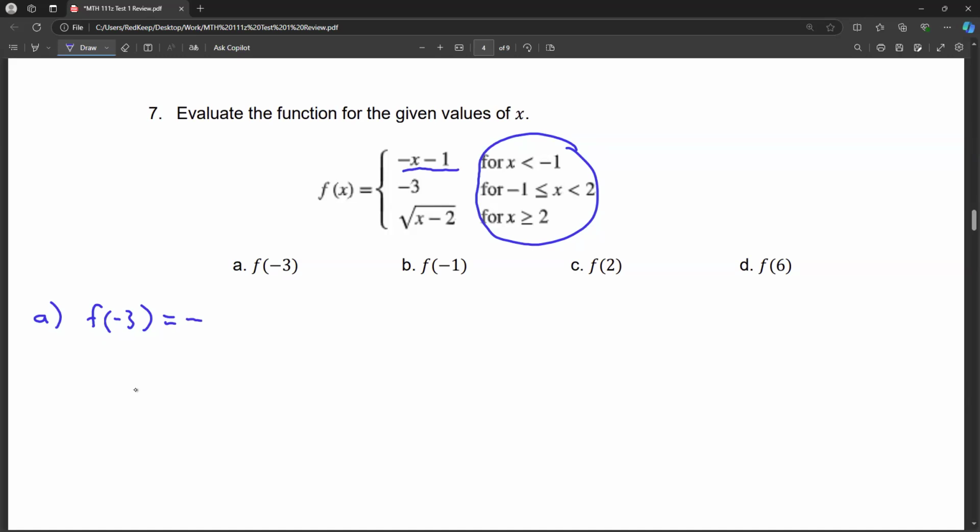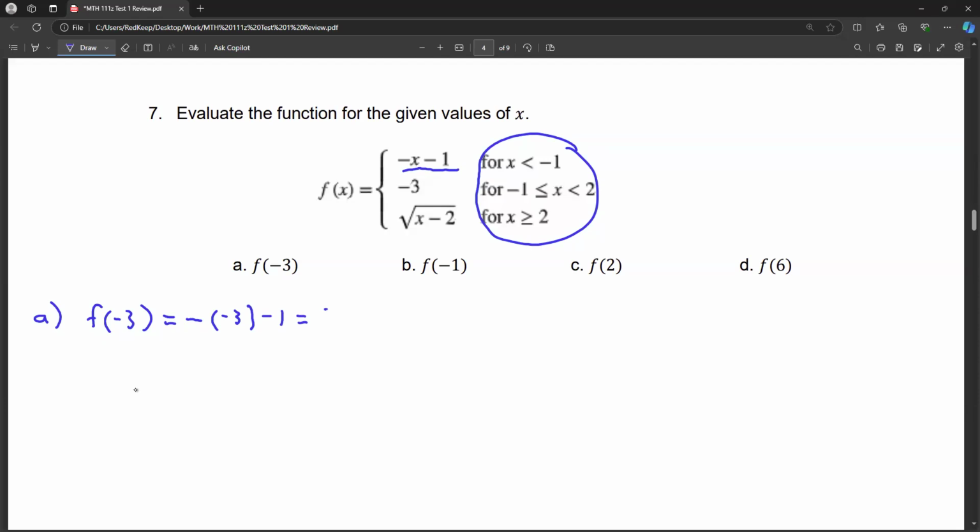So I'm going to plug in my negative 3 wherever there's that x. And again, I'm using parentheses. Parentheses are my friend here. And so we have negative of negative 3 minus 1. So our first step might be to get rid of that double negative, right? If I had a negative of negative 3, that's positive 3, isn't it?